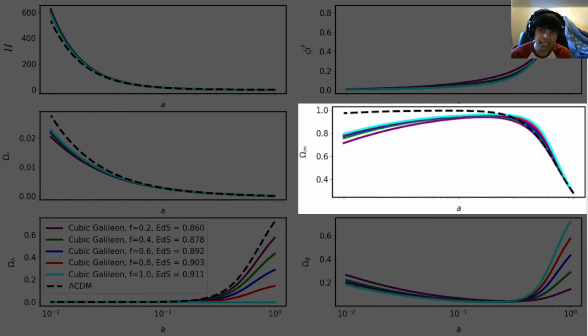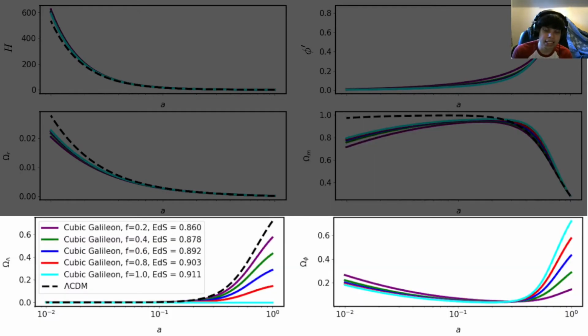We can see that there is a period of matter domination, so the energy density of matter approaches 1 for some period of time, but then as we approach today, it falls. And as it falls, we see that the dark energy density rises, and therefore near today we get the dark energy dominated phase of the expansion history.